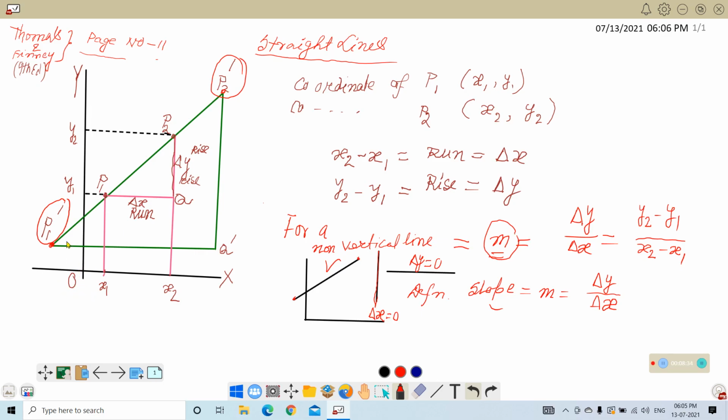For the larger line, we can assign the values here. This value is equal to delta y prime, and this value, P1 prime to Q1 prime, is equal to delta x prime.